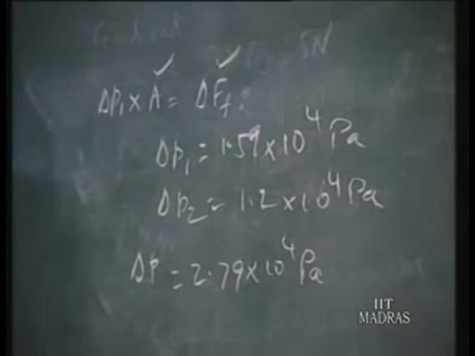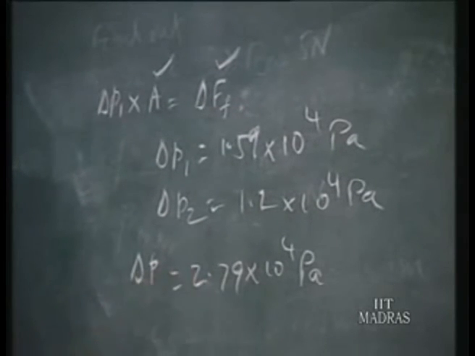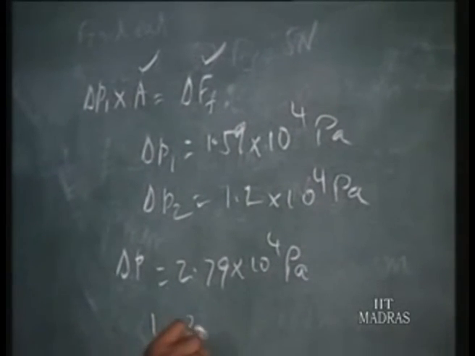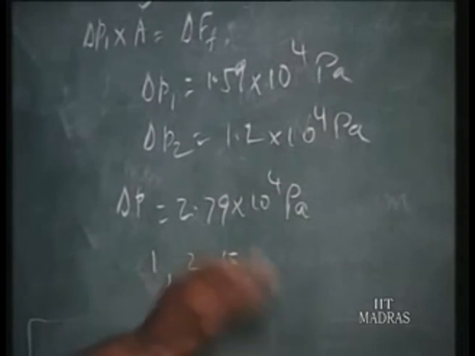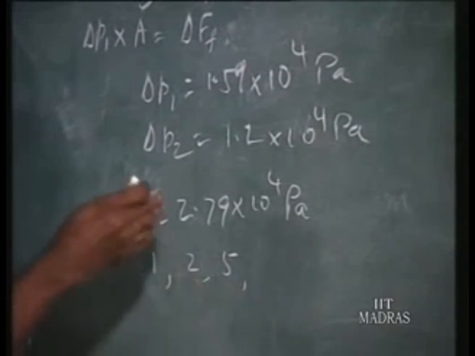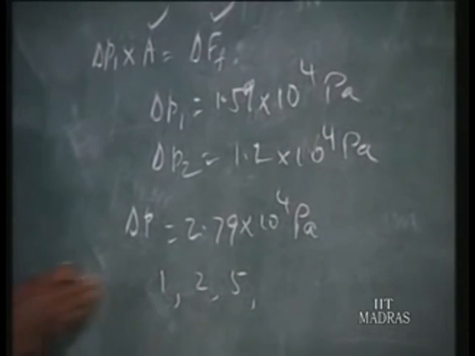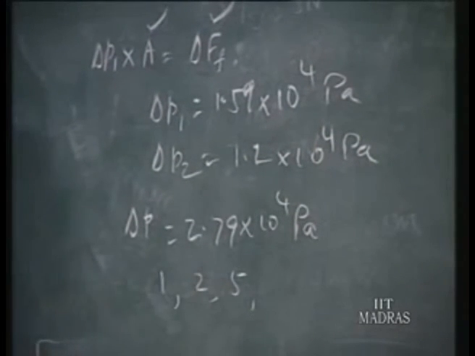Now, to decide the least count, can you put the same thing as the least count? That is not allowed. Least count is always in terms of units 1, 2, 5 and multiples 10, 20, 50, 100, or thousands, or 0.1, 0.01. These are the numbers normally used for least count.